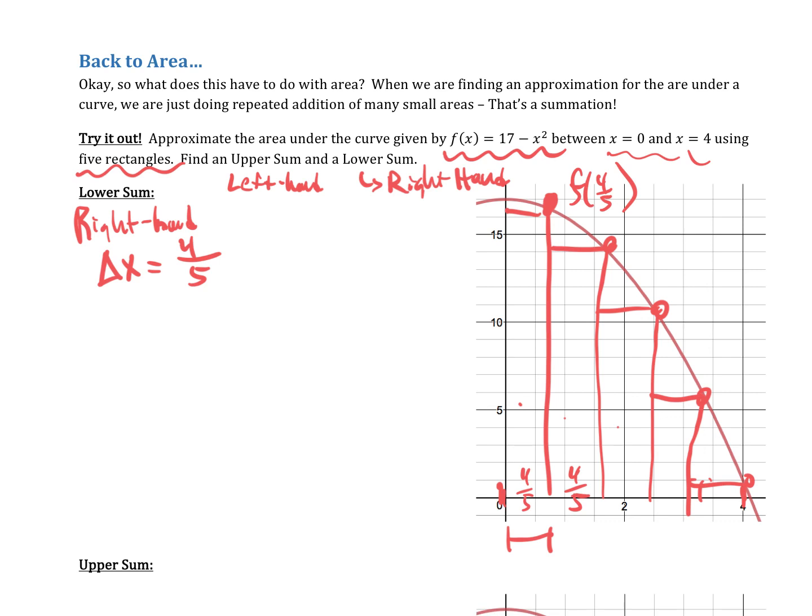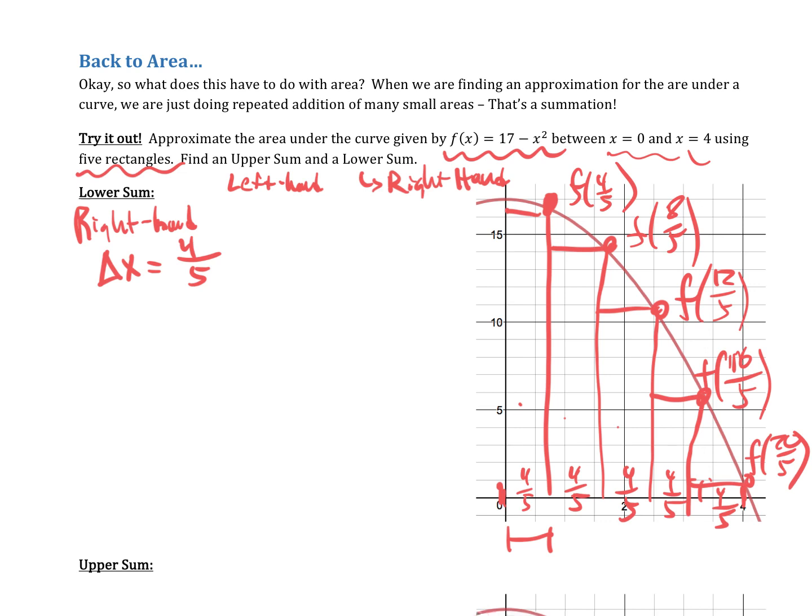In fact, each of these will be 4/5 wide, right? 4 divided by 5. So this is f of 8/5. This is f of 12/5. This is f of 4/5 more. That'd be what? 16/5. And this is f of 20/5. All right. So f of 25ths, by the way, obviously is f of 4, which is what we want. That's the end of our interval there.